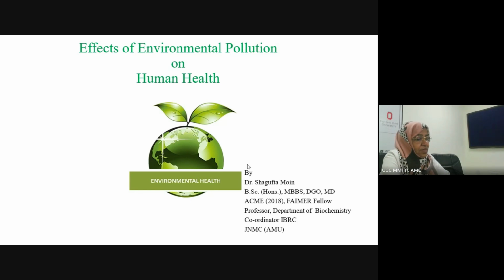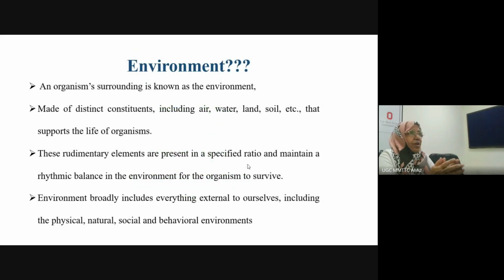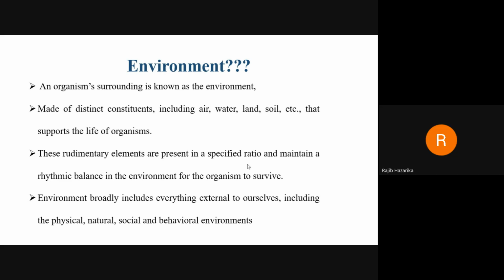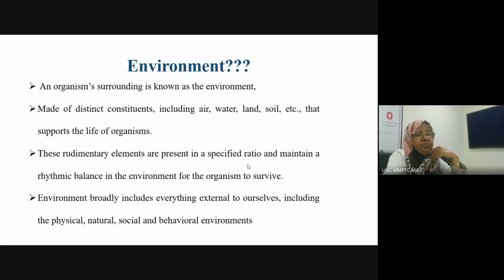So with this background, now I will start my PPT. Most of the things we have discussed. The environment, as we talked earlier, is what surrounds an organism. It is made up of distinct constituents, biotic and abiotic, including air, water, and soil, that support the life of the organism.